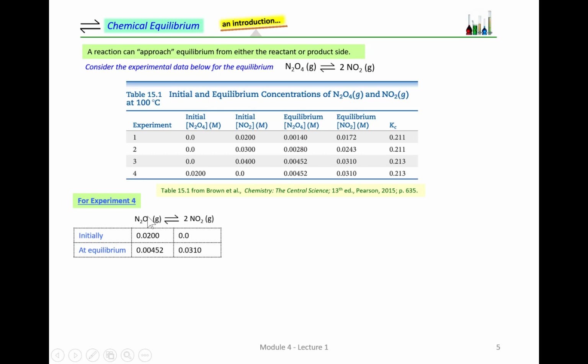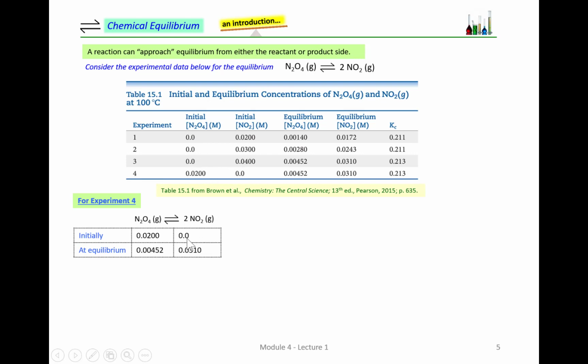In other words, I've built a little mini table here, and initially, before any reaction occurs, there's 0.02 molar N2O4 and no NO2. And in the table from the textbook, you can see the initial concentration of N2O4 in experiment 4 is 0.0200, and the initial concentration of NO2 is 0.